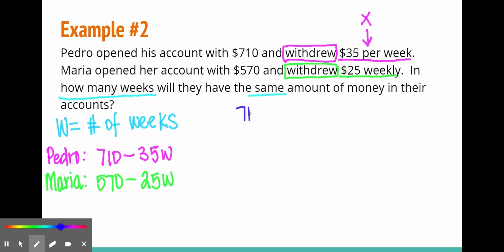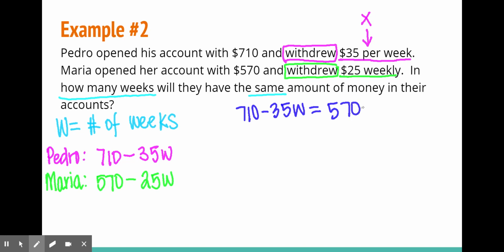So 710 minus 35W has to be equal to 570 minus 25W. Because 710 minus 35W is how much Pedro has, and 570 minus 25W is how much Maria has. So if I set them equal to each other, I will know how many weeks it will take for them to have the same amount.